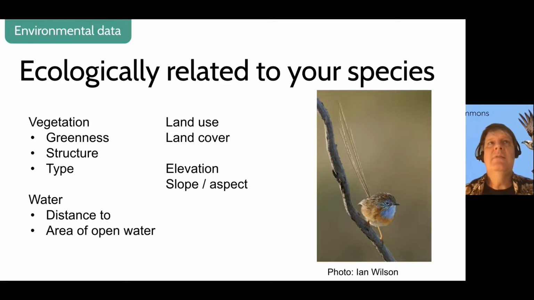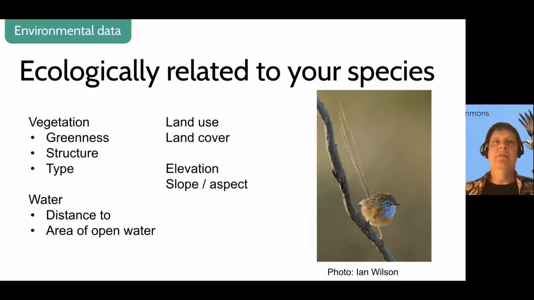Unfortunately, a lot of times we don't have data on those more fine scale habitat variables or structure variables that are important for your species. So we do end up trying to get proxies that are as close to your species' ecological needs as possible. And the more of them that you use that are related to your species, the better.